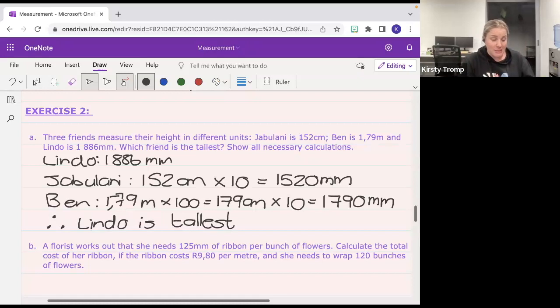If you could see that just from looking at those numbers, that's cool. But what tells us that we need to do calculations here? It says, show all necessary calculations. So if you just write your final answer, you're not going to get all your marks. You have to show the calculations that you compare them using the same unit of measurement.